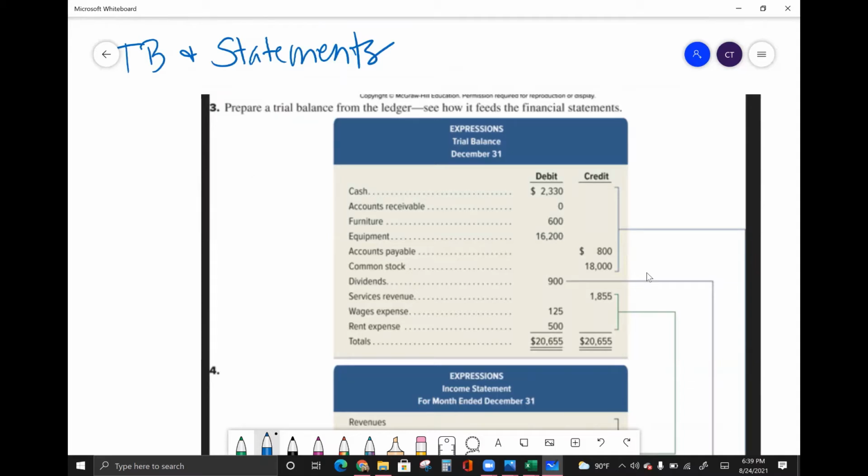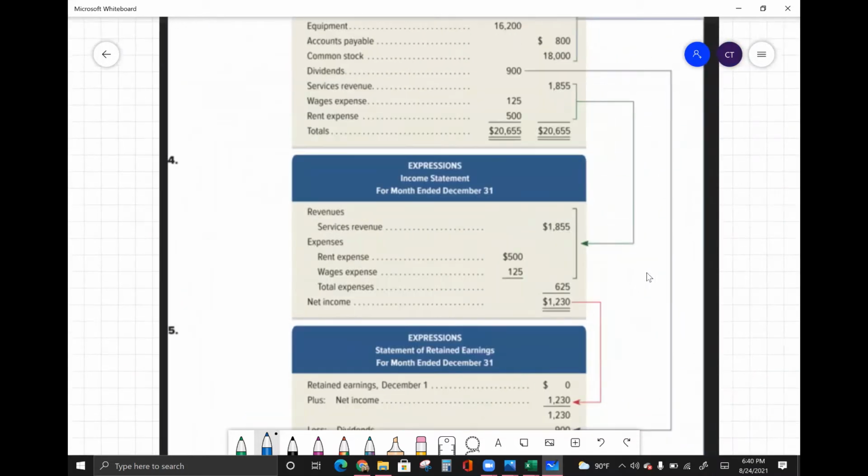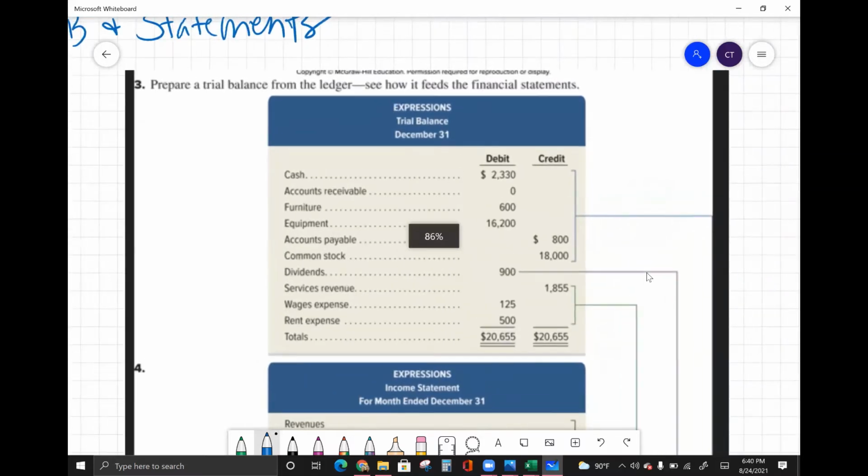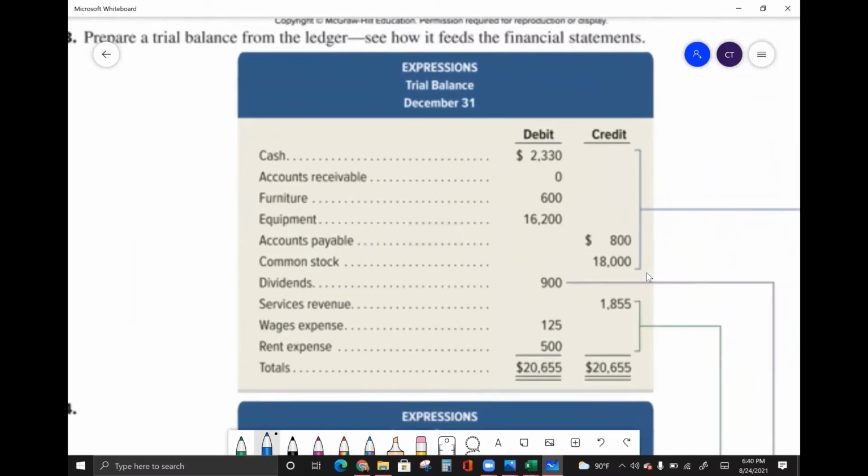Okay, so the trial balance leads into the financial statements. This is an example of what the trial balance and the financial statements will look like. The first one is the trial balance. Remember, I told you that it's just a list of the accounts, debits on the left, credits on the right, with the account balances.